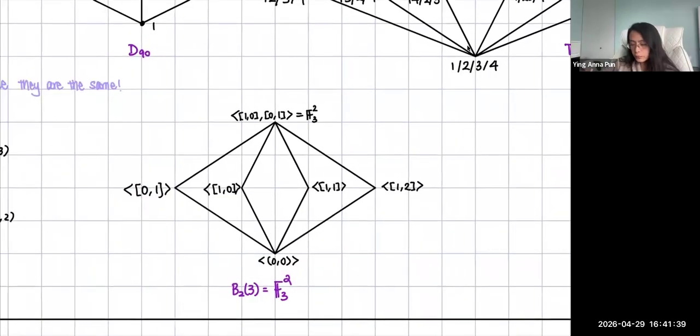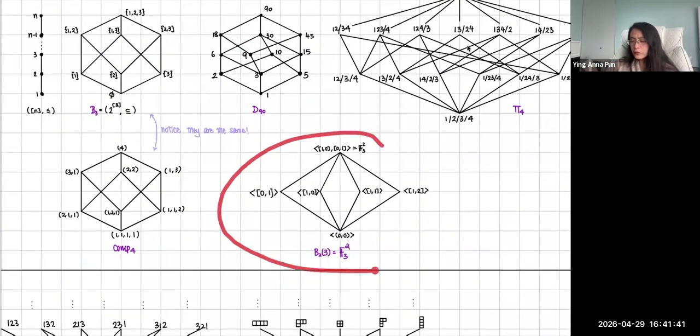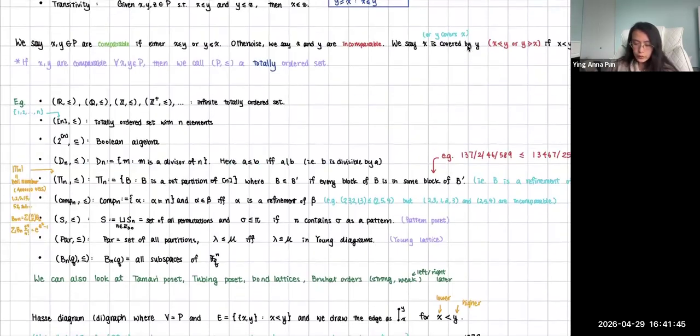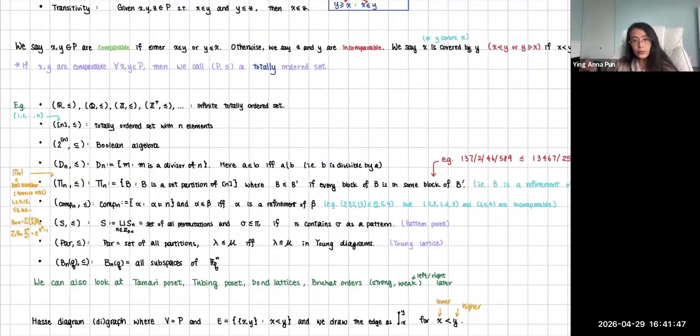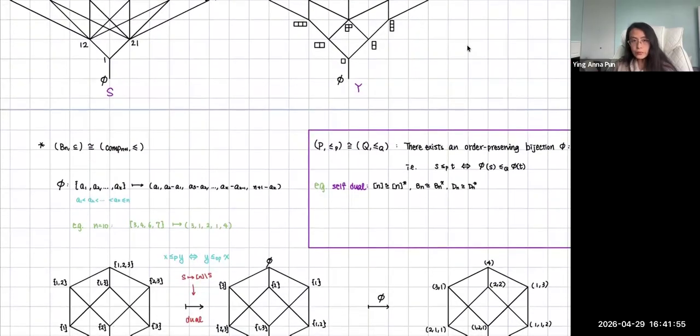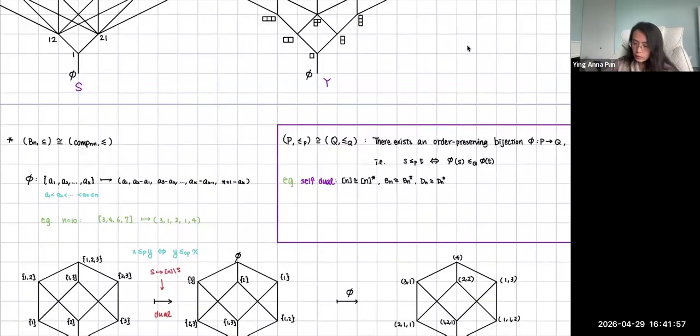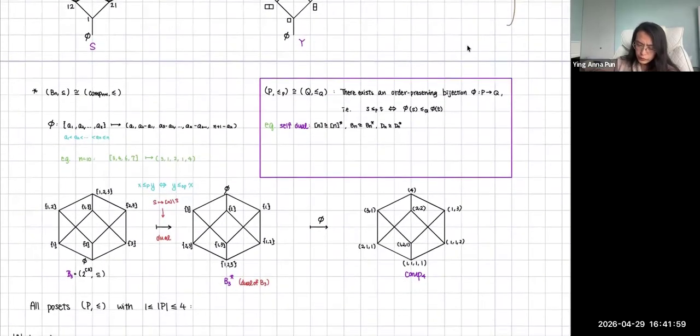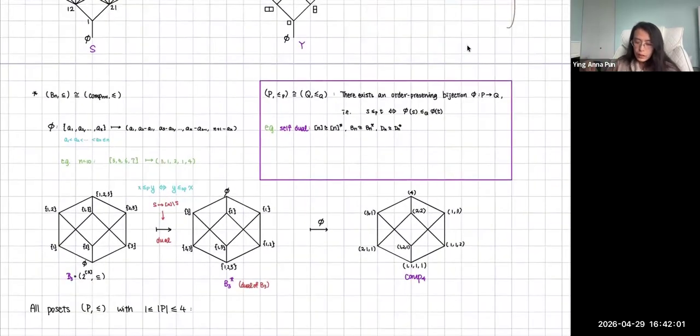But anyway, this is another finite poset. And then you can see there are many different ways that you can compare things, right? These are the examples that we talked about last time. Again, stop me if you have any questions. I'm happy to explain further.